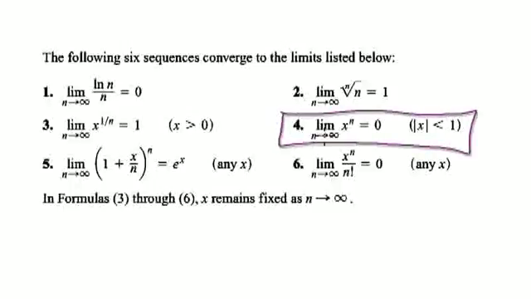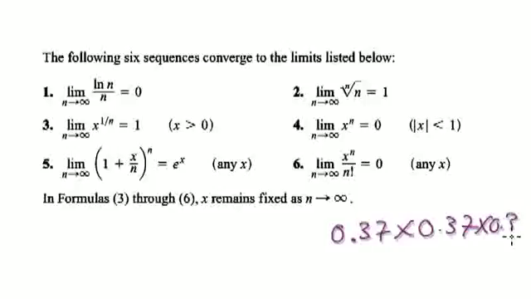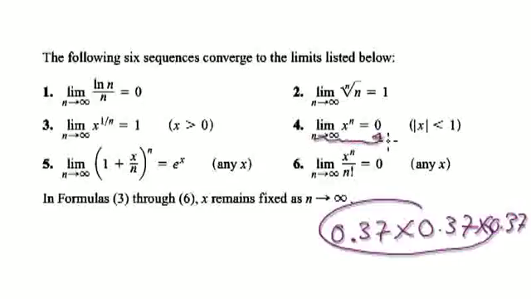So remember, if you look at this here, if this number is smaller than 1, for example, let's say 0.37, now if you keep on timesing 0.37 times 0.37, the whole thing will just get smaller and smaller and smaller. Eventually, it will head towards 0.